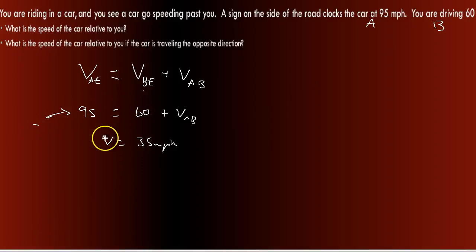So when we subtract 60 over, negative 95 minus 60 is going to be negative 155 miles per hour. If they're coming towards you at 95 miles per hour and you're going towards them at 60, the relative velocity between you is 155, which means that after an hour you'll be 155 miles away from that car.